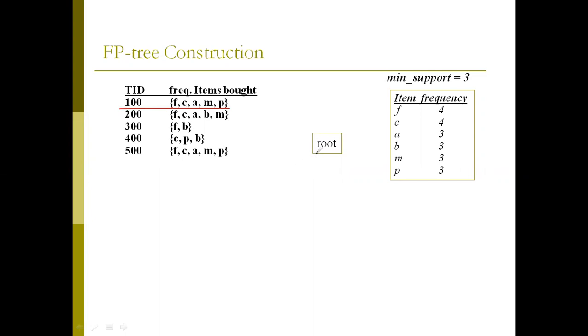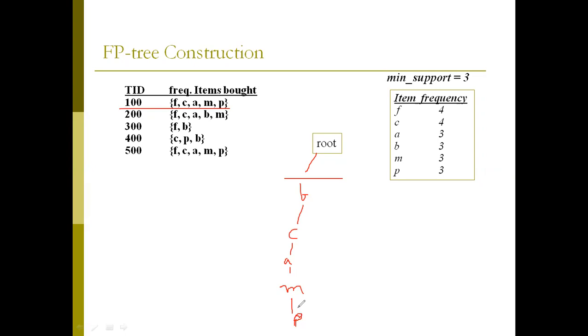Construct from the root: F from root, then F to C, C to A, A to M, M to P. Like this, you need to create one branch from here.